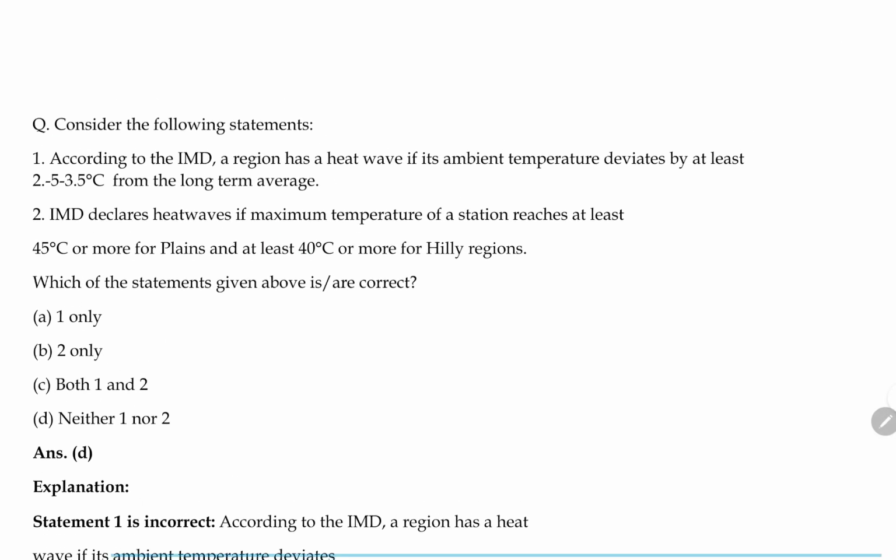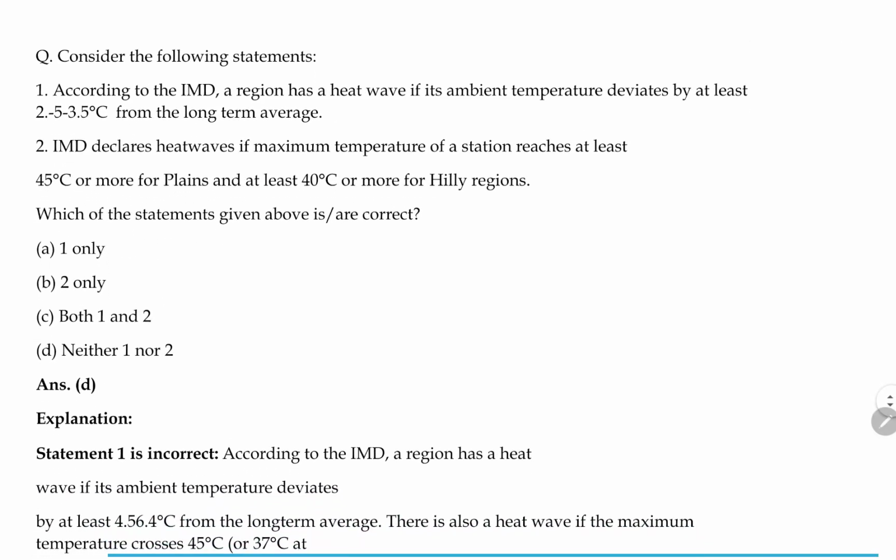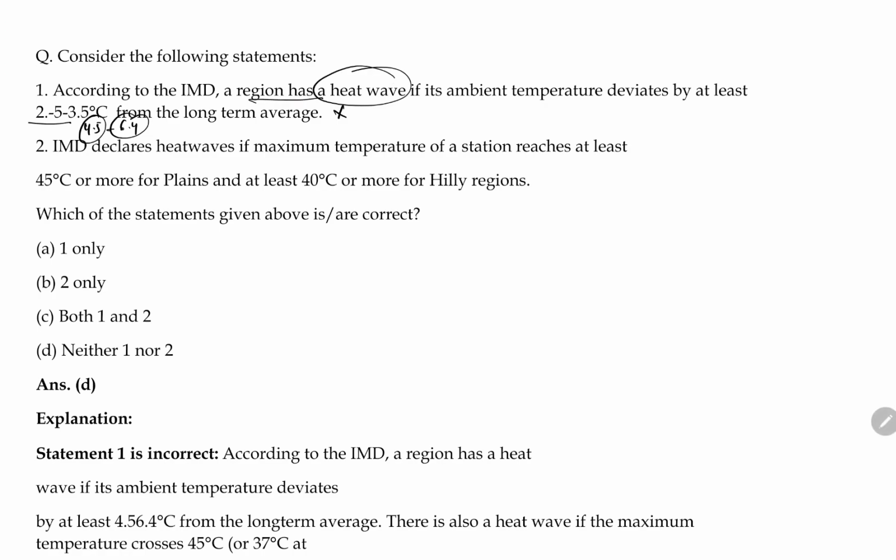So this statement is incorrect because the temperature range is not from 2.5 to 3.5, but it is from 4.5 to 6.4. So if the deviation temperature is between the 4.5 to the 6.4, it will be termed as the heat wave.